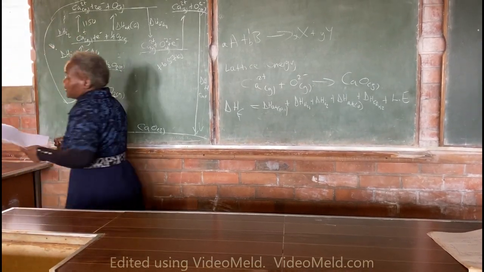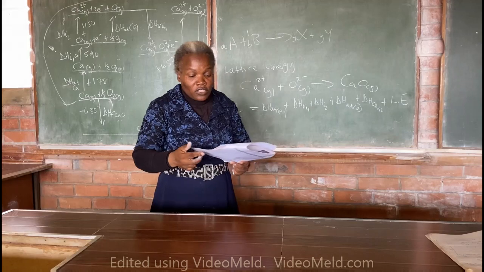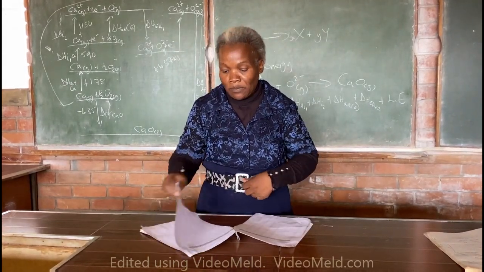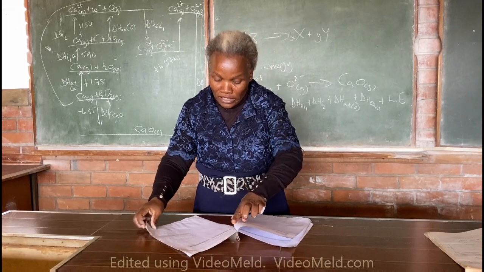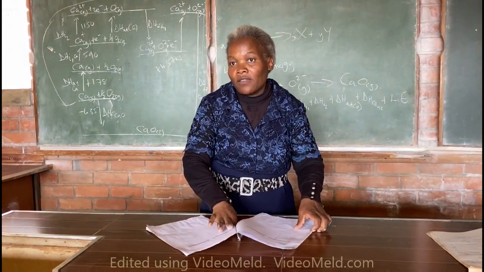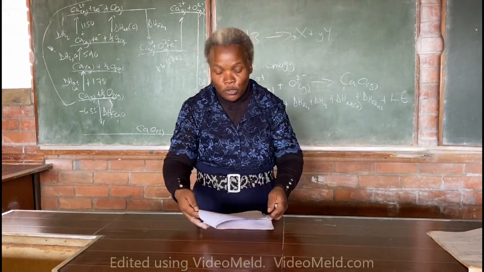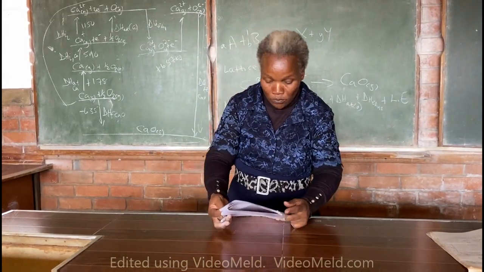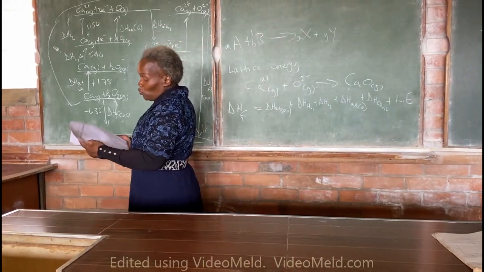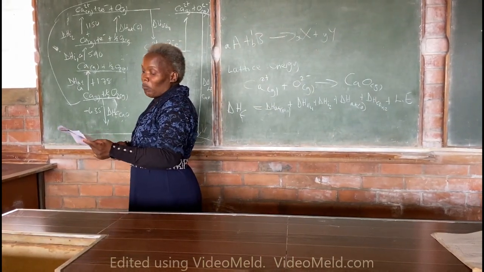And then atomization of oxygen. For all diatomics, please note, their atomization energy is the same as simply breaking the covalent bond between the two atoms. So in oxygen it's a double bond, so you go to the O double bond O bond energy.